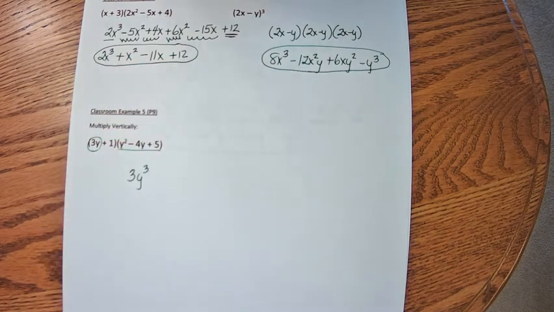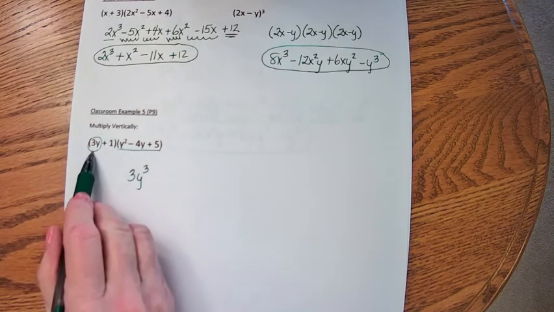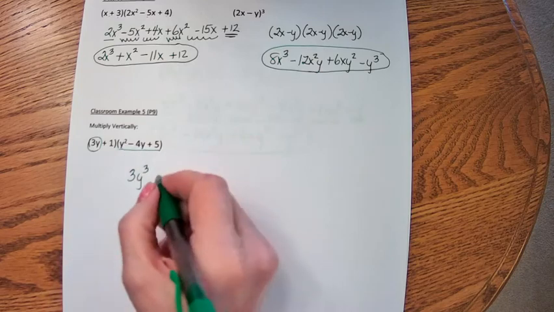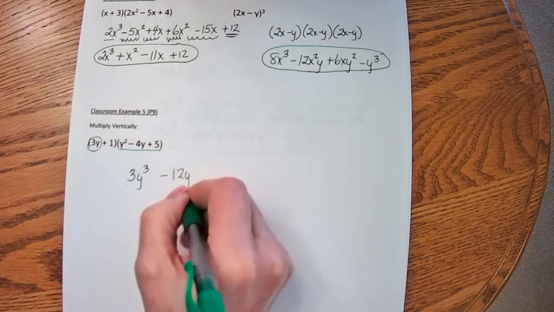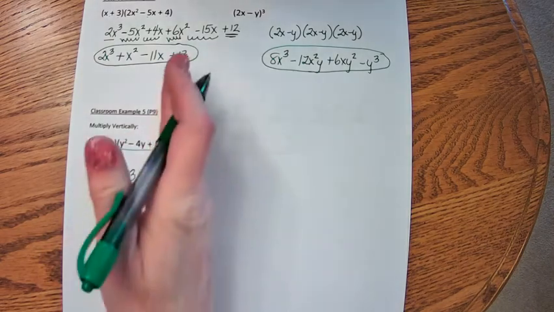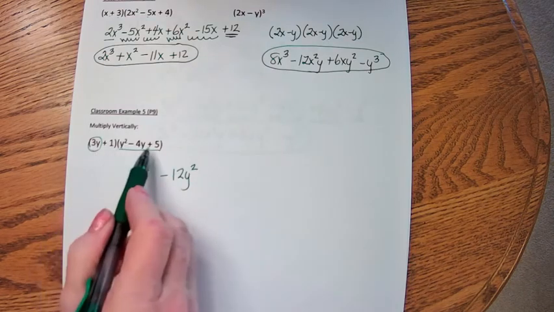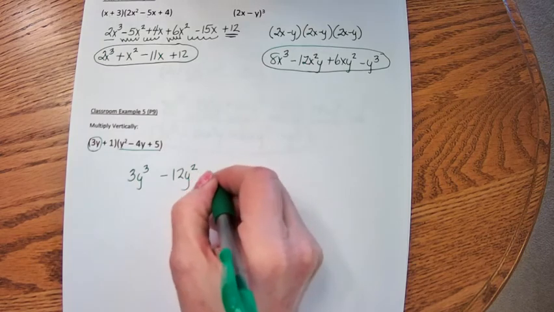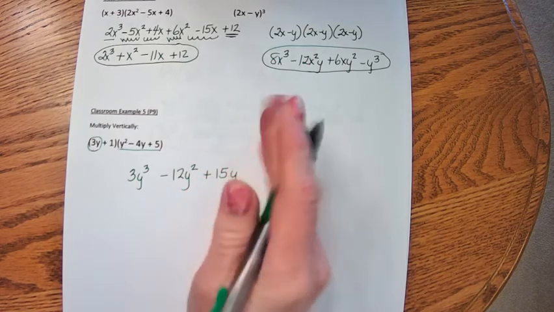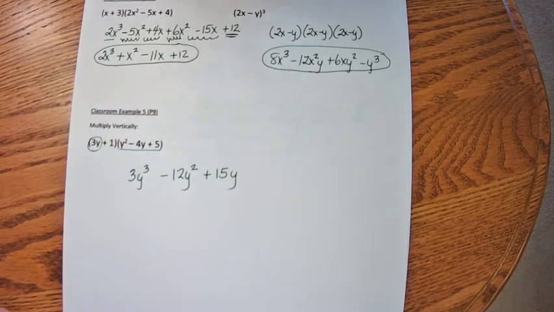This is going to be my y to the third column. 3y times negative 4y is negative 12y squared. This is going to be my y squared column. And then 3y times 5 is positive 15y. This is my y to the first column.